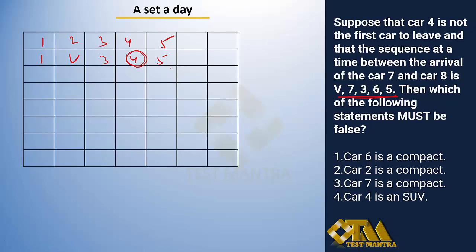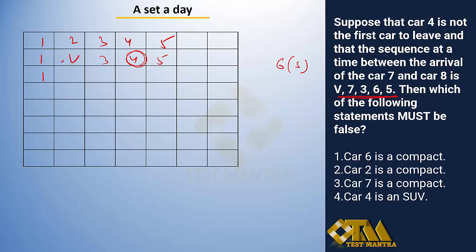So if I insert car 6 here, car 6 is in the 2nd place, and according to our arrangement it's not possible. So I can definitely say that car 6 now is supposed to be an SUV, then only it's possible here, right? So here it's not possible at this point.